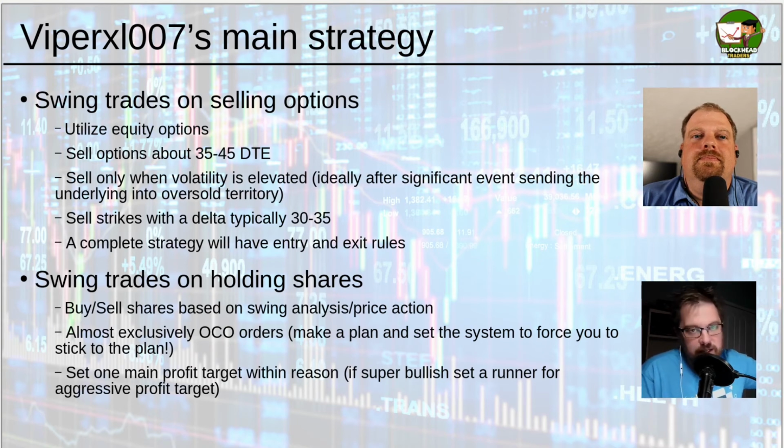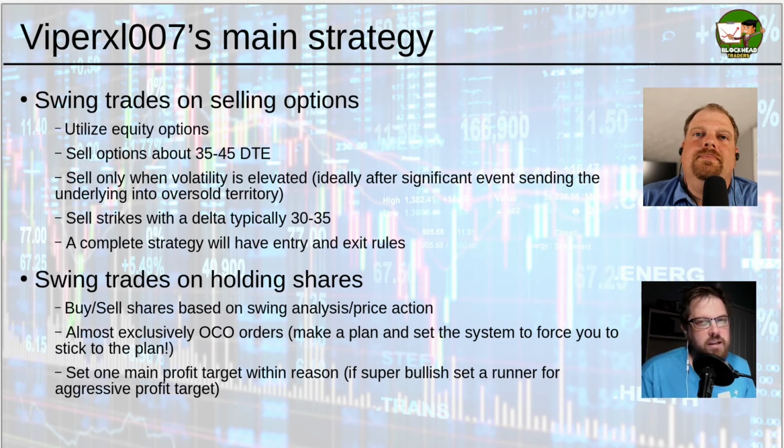I really like big drops after earnings. Something where the stock has clearly gone oversold. And we can tell that by looking at various levels of VWAP as to if something is oversold or overbought. And I'm looking more in the 30 to 35 delta range.